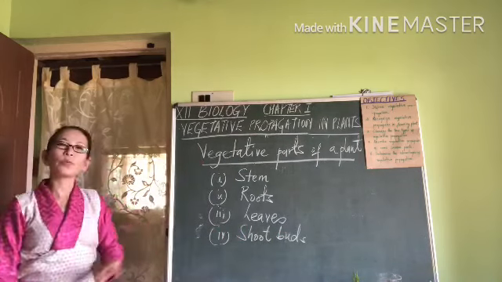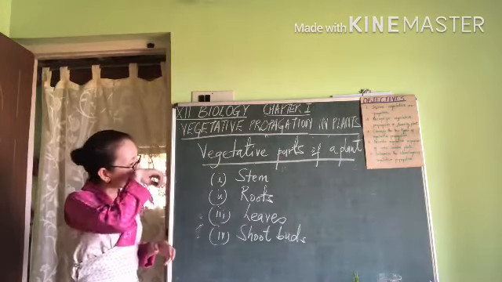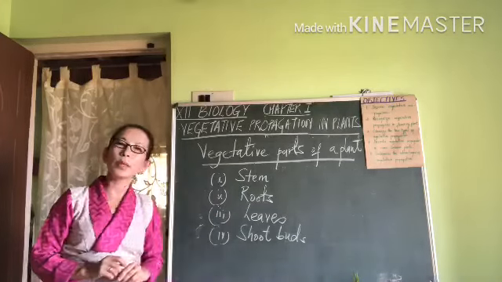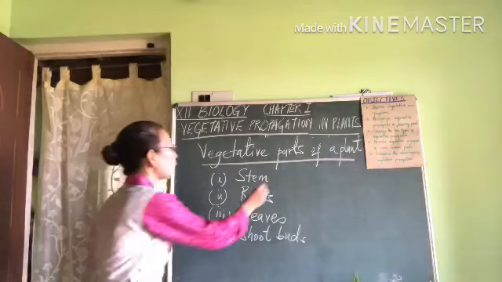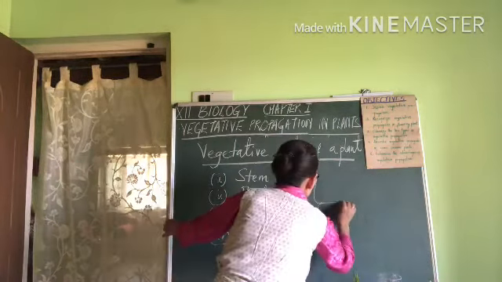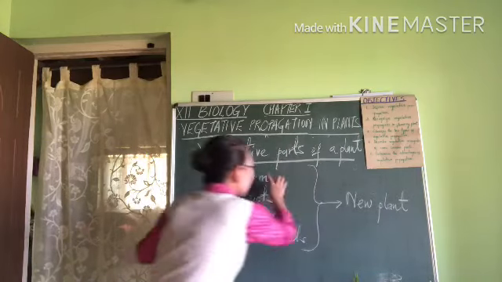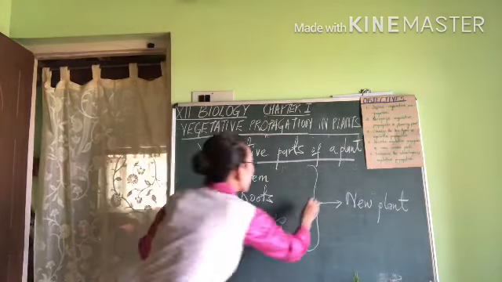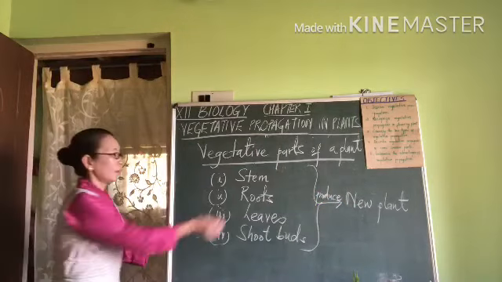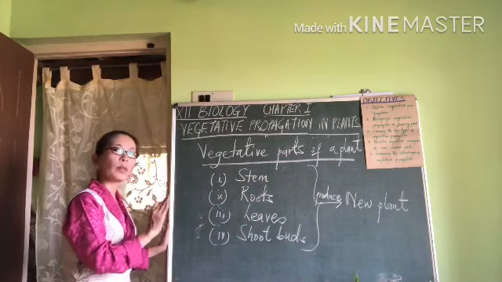So these are the different vegetative parts in a plant, and in different plants we can even have these vegetative parts capable of producing new plants. If these vegetative parts give rise to new plants, because they are capable of producing new plants, then these vegetative parts are even referred to as vegetative propagules.